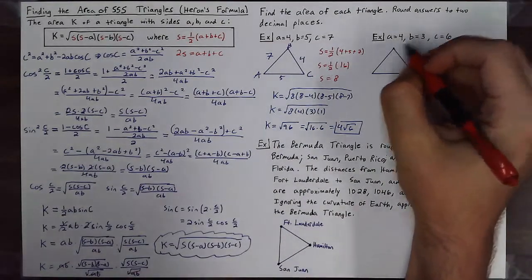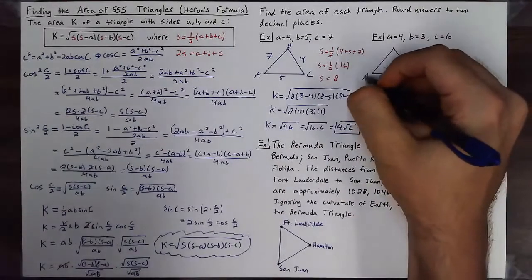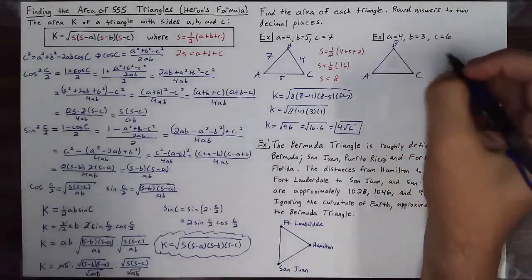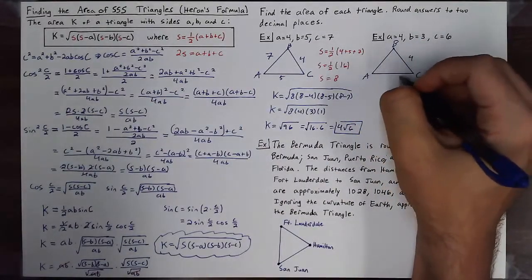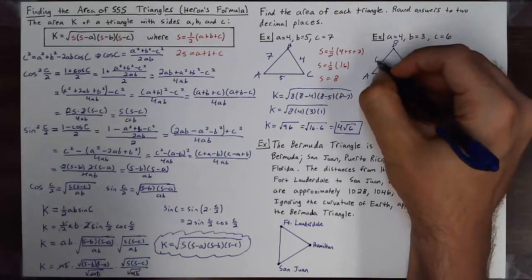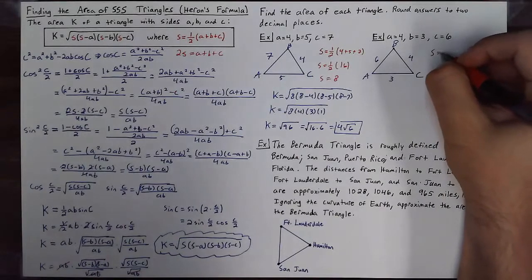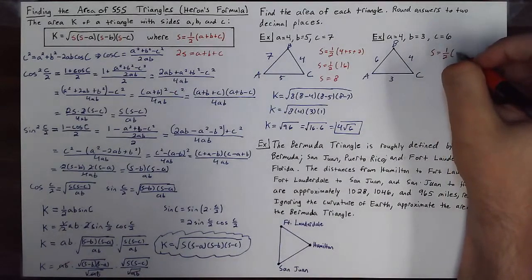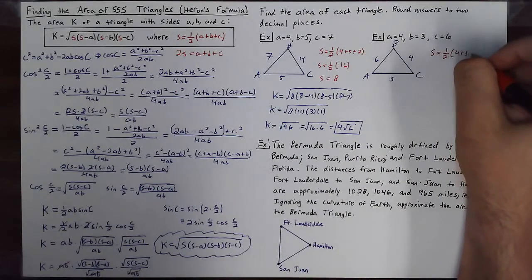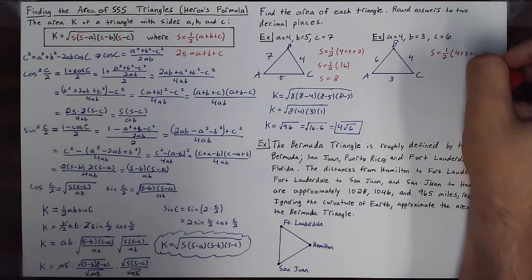So we have A here is equal to 4, B is equal to 3, and C is equal to 6. Finding its area, I'll get S is equal to 1/2 of 4 plus 3 plus 6.